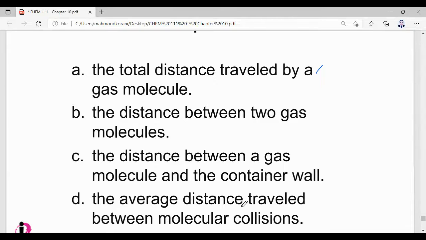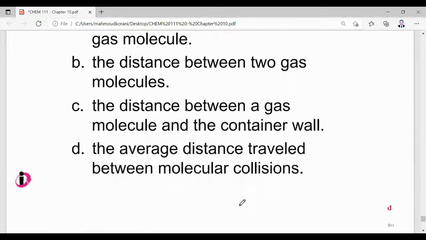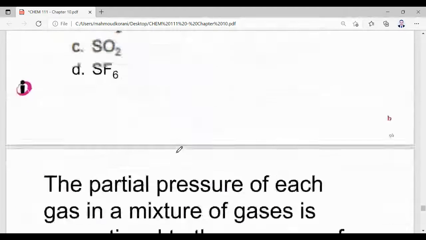The mean free path is the average distance, which I showed you before.